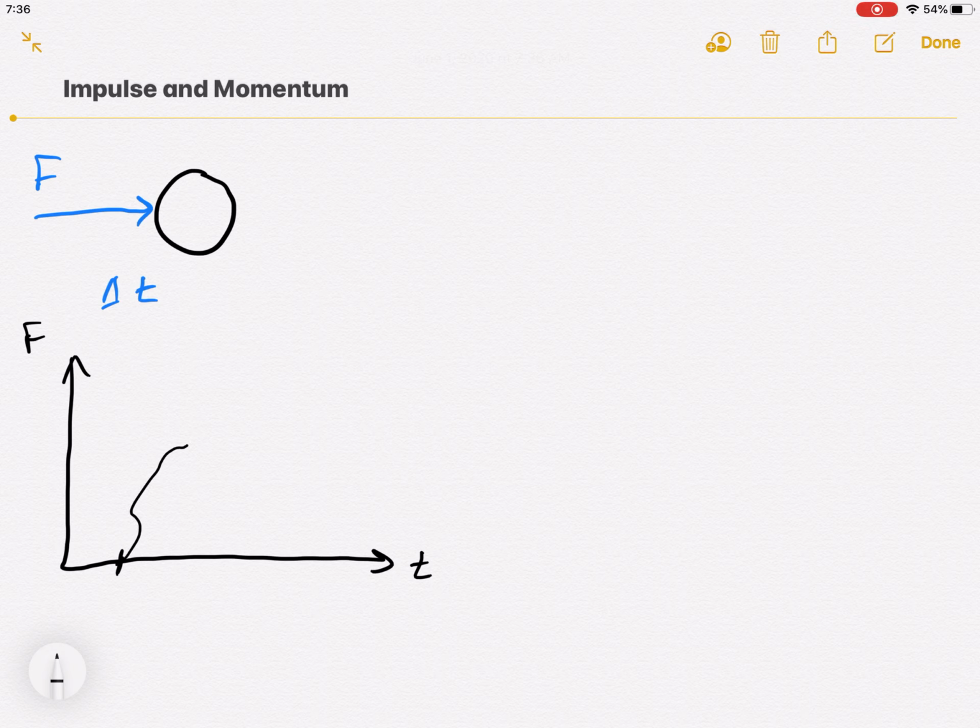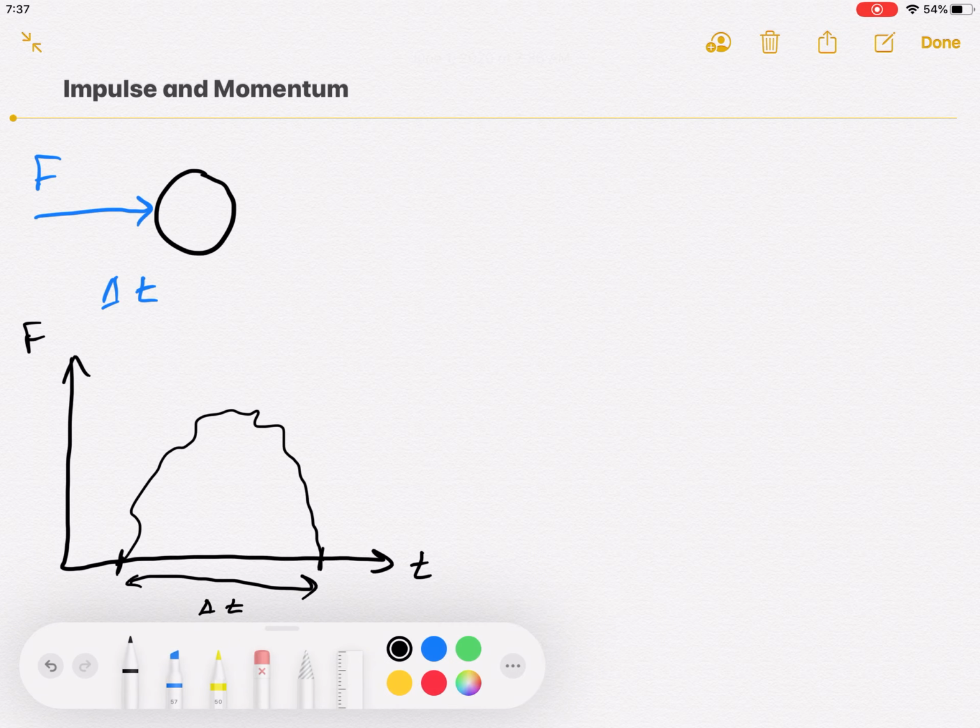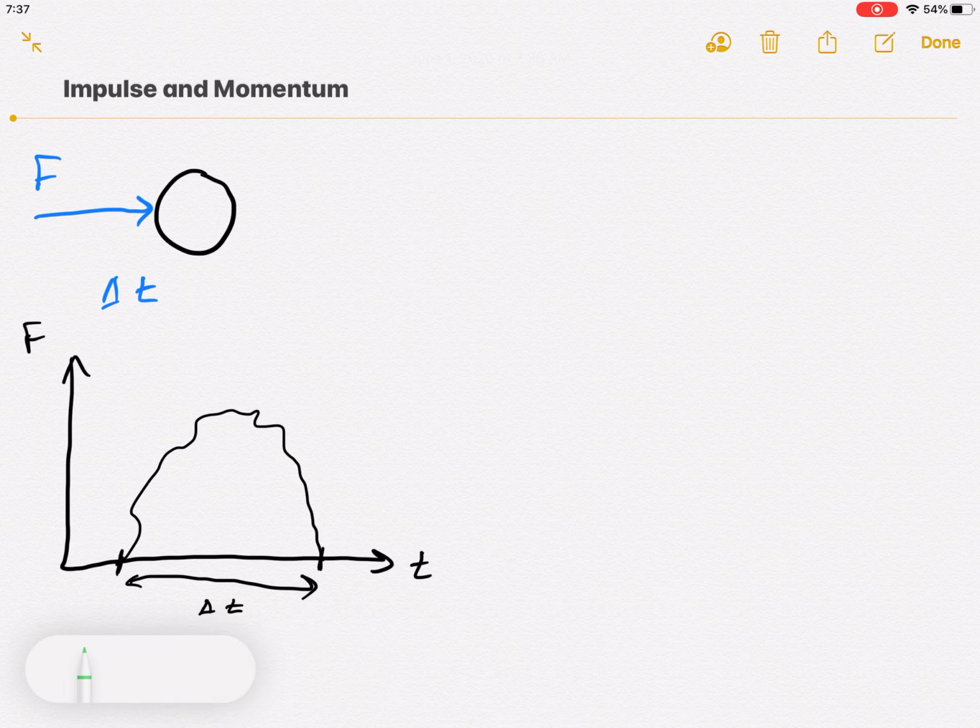And then it goes up, and you push on it for a little while, and then you let go. So this distance here is some delta t. So the net effect of that force acting over that time turns out to be related to the area under this curve.